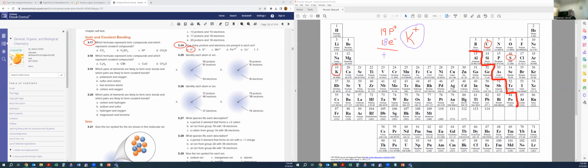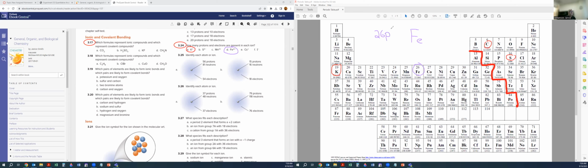Okay, let's take a look at Fe2+. Let's erase this. Here's iron. If it was neutral iron with a 0 charge, that would mean it has 26 protons.